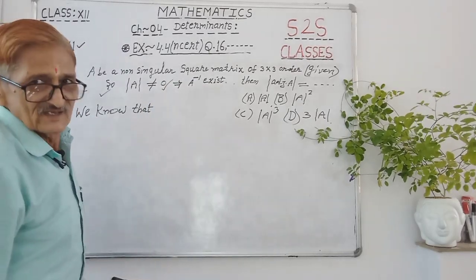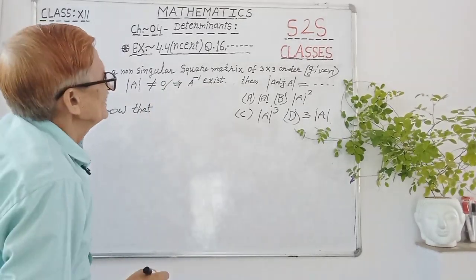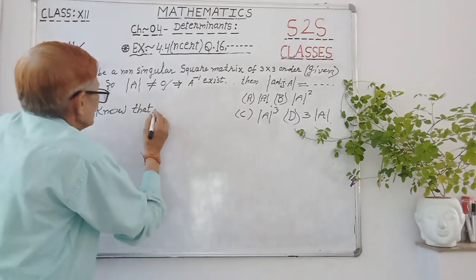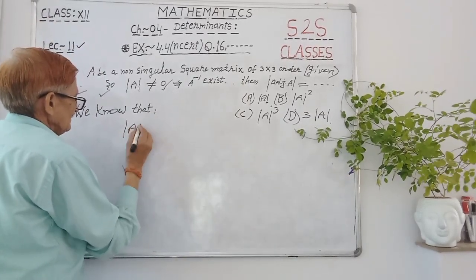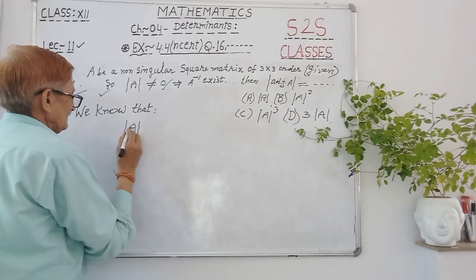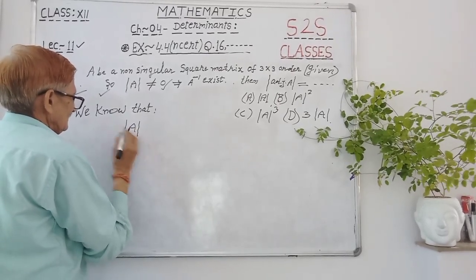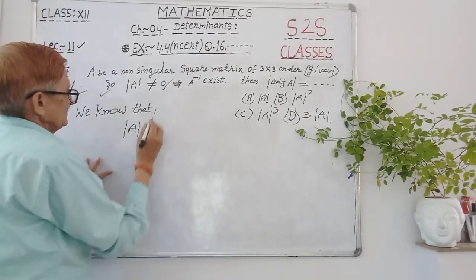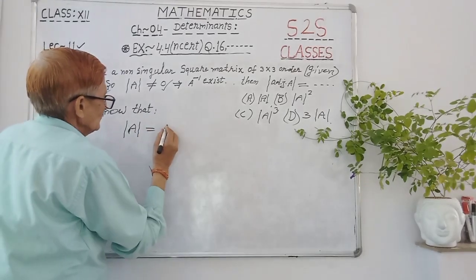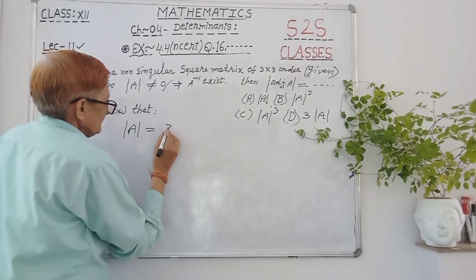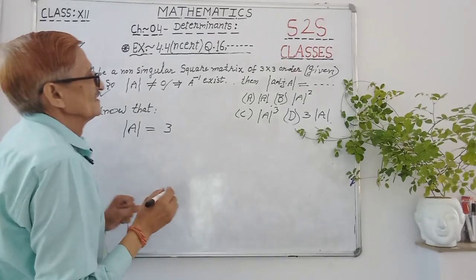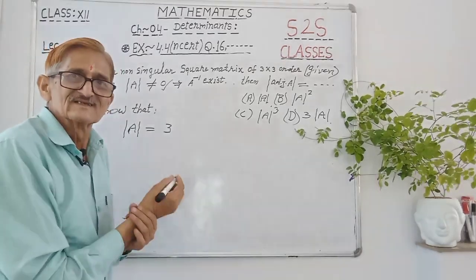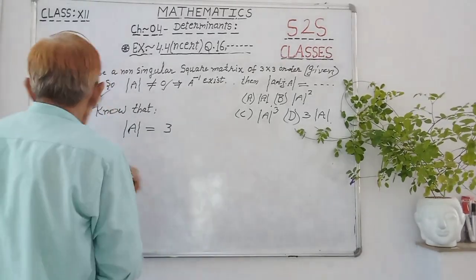If A is a 3 by 3 matrix, n is equal to 3.